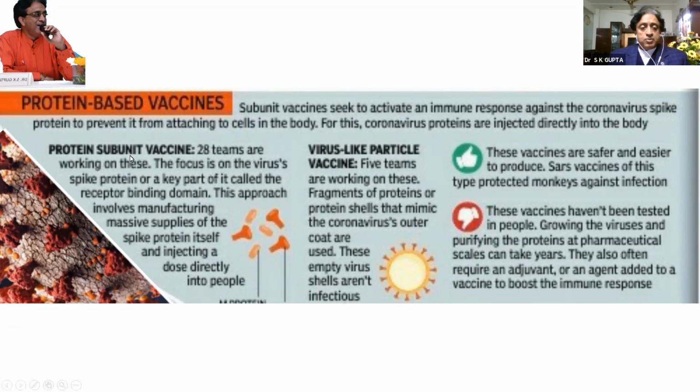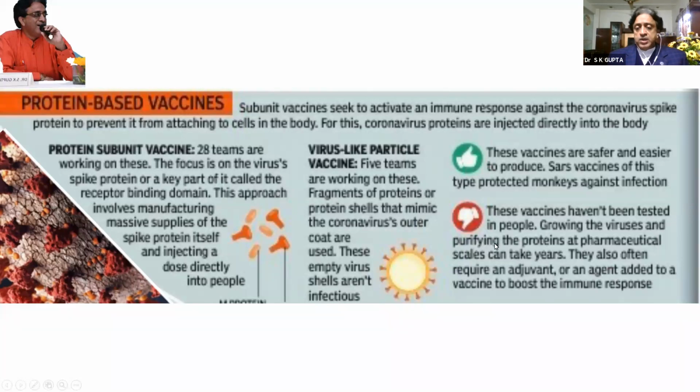Not only protein subunit vaccines, but also part of the protein, which is also called the virus-like particle vaccines, are being worked upon. It is quite possible that the fusion part of the vaccine, the fusion molecule or the spike protein, is used. This protein might be produced outside the body in the laboratory, or it may be produced inside the body by various mechanisms, and it can be injected into the human body to produce the antibody response.